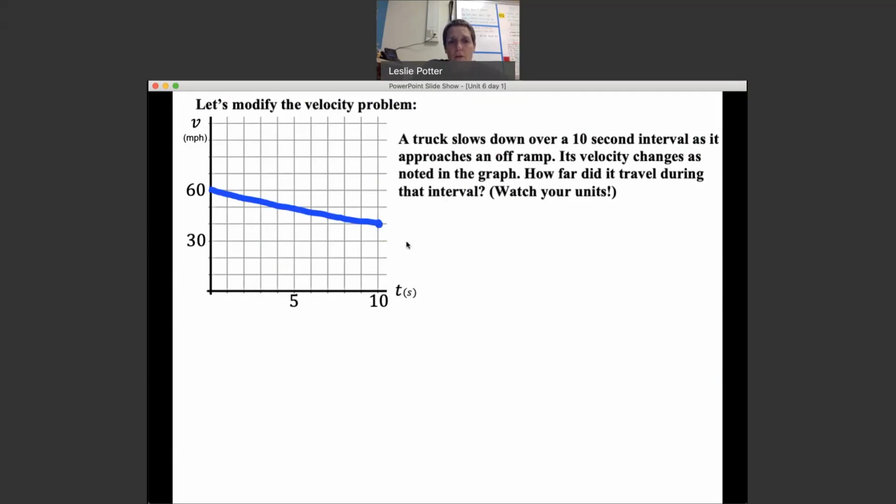And so again, we're ending here at 10 seconds. So if we draw the line at 10 seconds, then we know that this geometric shape is going to be the information we're going to recover. So this geometric shape is going to be the information that we recover about our changing position, or the way I ask it, how far did we travel?